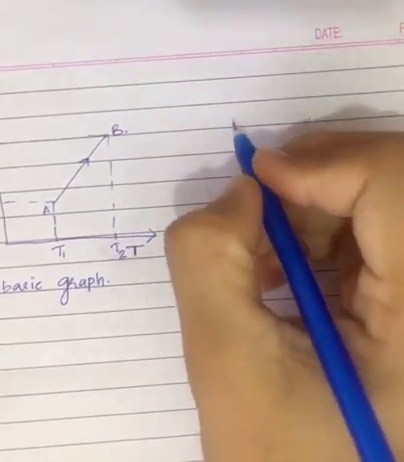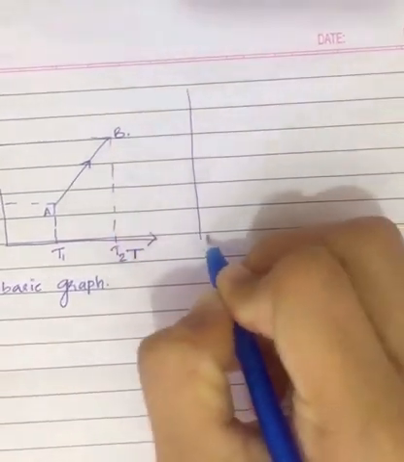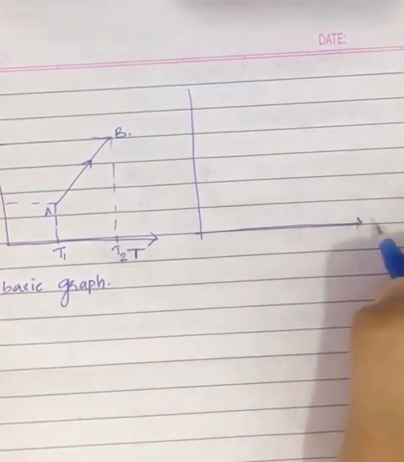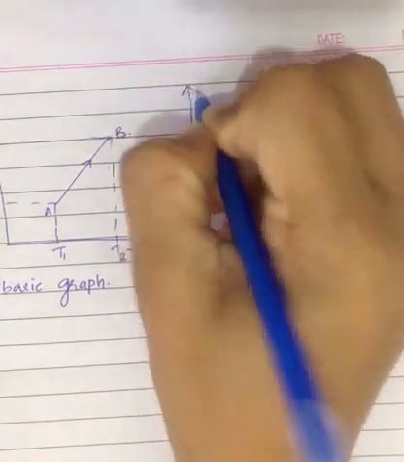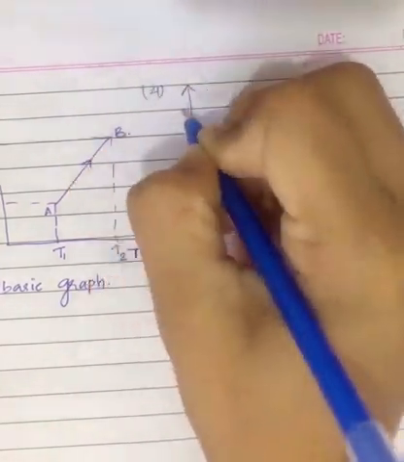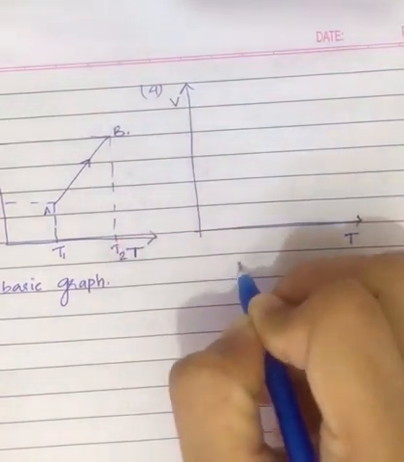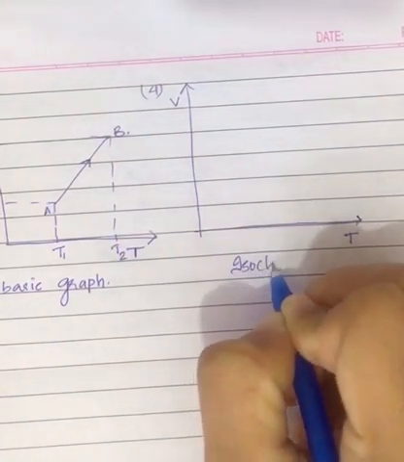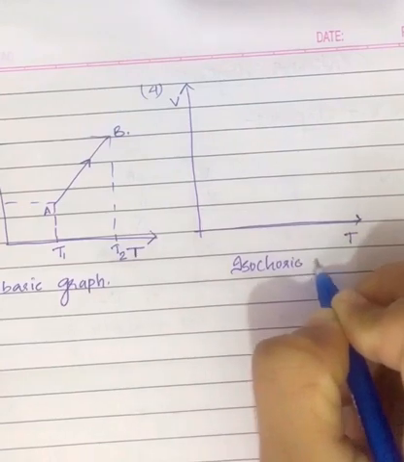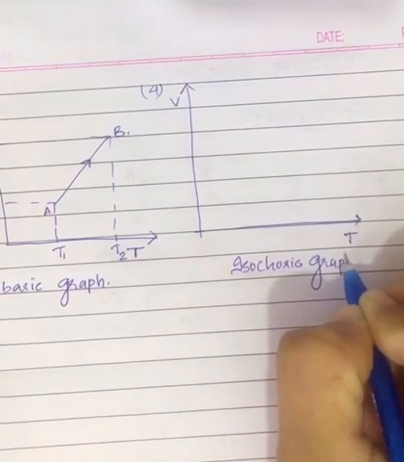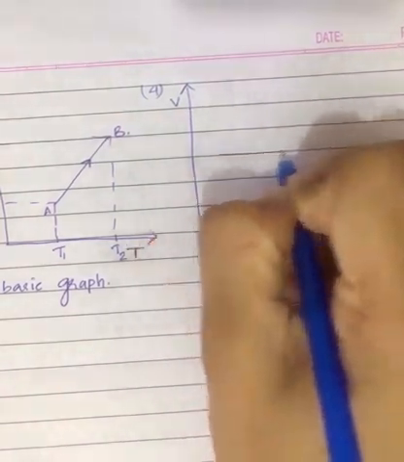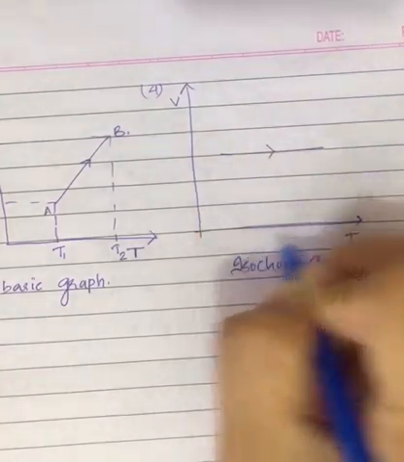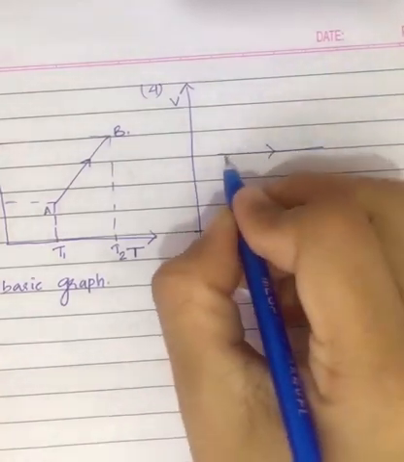Similarly, the fourth graph is the isochoric graph, where it is a straight line which is parallel to the x-axis.